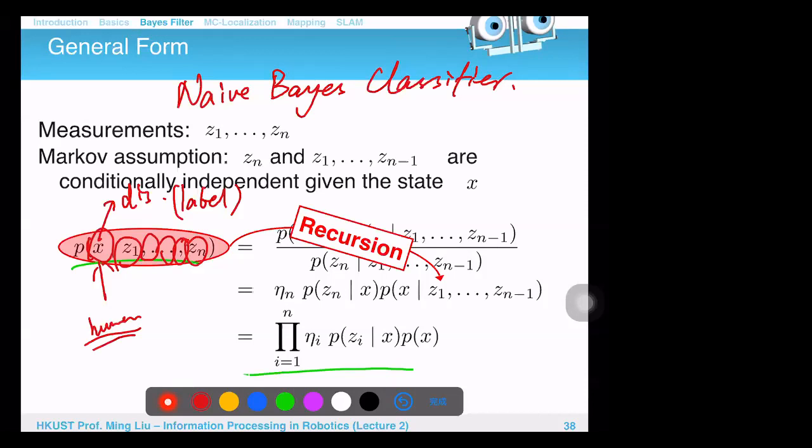In this case, that's called a naive Bayesian classifier. The general form is that we have the Markov assumptions on all observations given the states, and that directly leads to naive Bayesian.